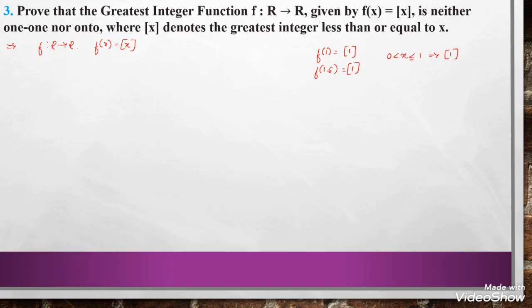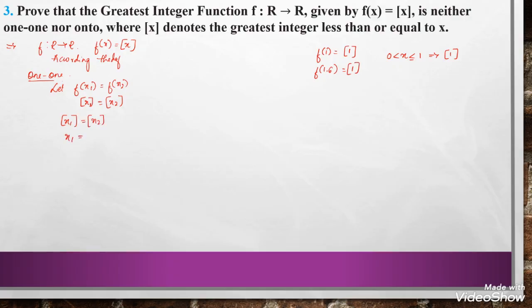So according to the definition of one-one, first we have to check for one-one. Let us consider f of x1 is equal to f of x2. Here, f of x1 can be written as the greatest integer of x1, and also the greatest integer of x2.